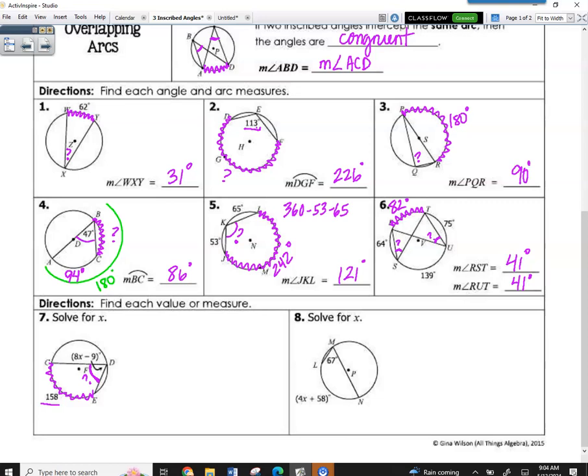I don't have enough room, so I'll just write it here. So that mess, 8x minus 9, has to equal 79 degrees, and that's your equation.